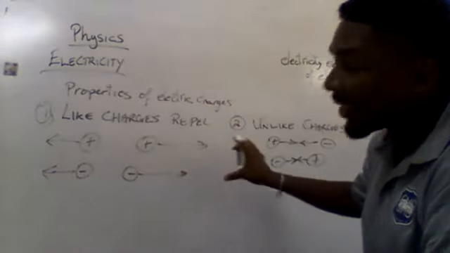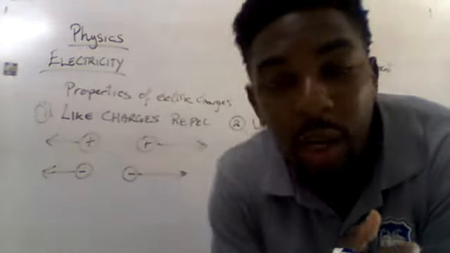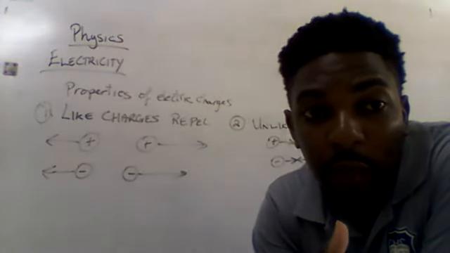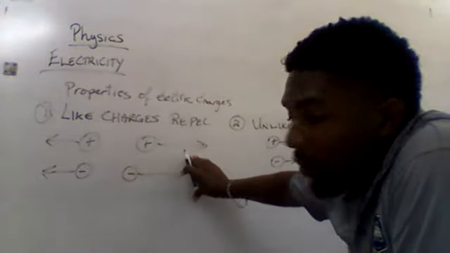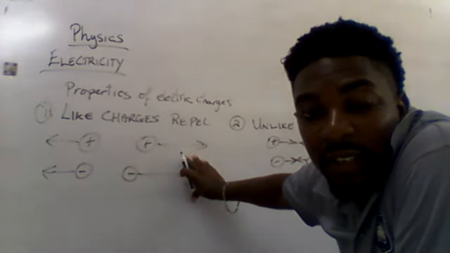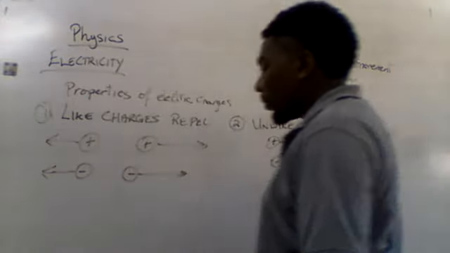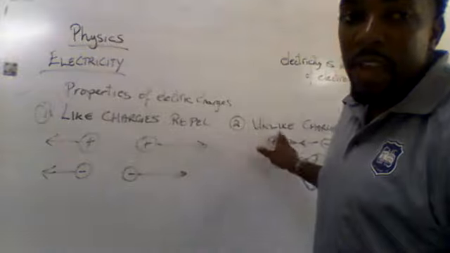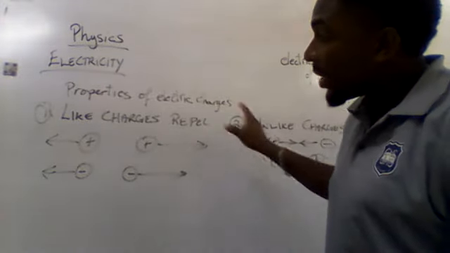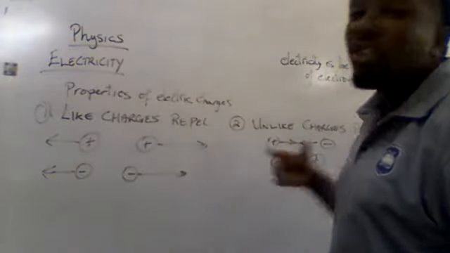So this is the main concept that helps to introduce another way of making a body become charged due to the process of induction. So that's what we're going to look at. We're going to understand what happens due to the properties and how it leads to the process of induction. So just a reminder that the main two properties of electric charges are that like charges repel and unlike charges attract.